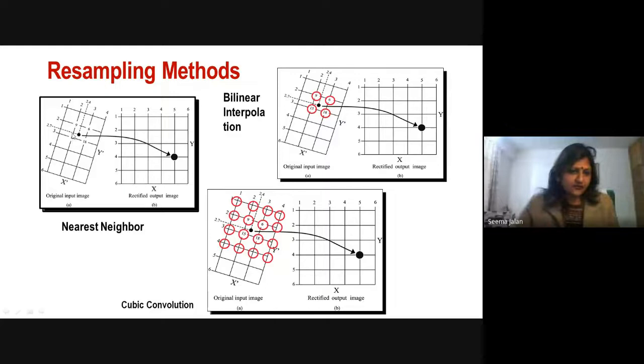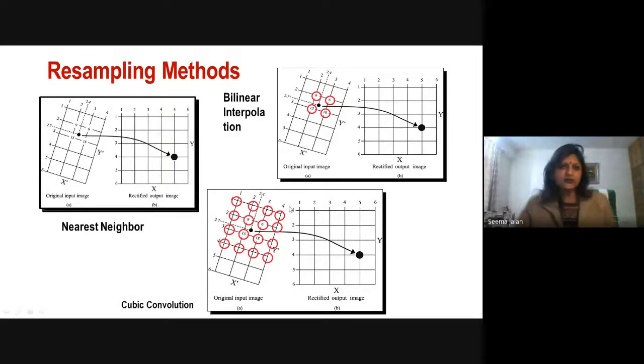This triangle will be 0.3 and 0.4, this one 0.4 and 0.6, this one 0.7 and 0.6, and here it will be 0.6 and 0.3. When you solve them, you will get 4 distances and you just see which is the minimum distance, and you bring the value at the minimum distance from this position here. You call this method nearest neighbor.